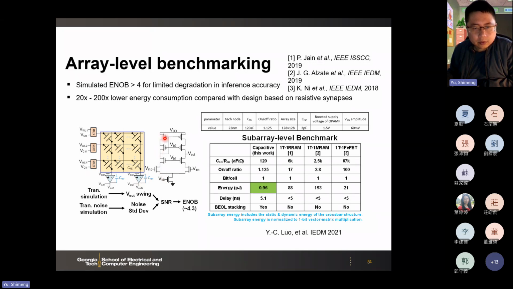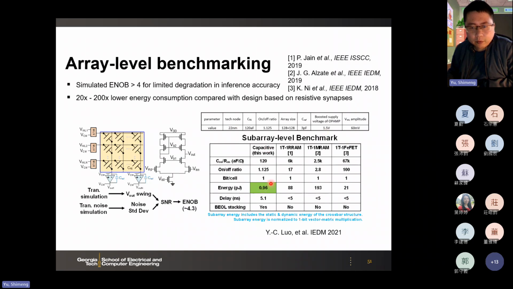Then we do the simulation, transient simulation, noise simulation, because one challenge here is the thermal noise. You have a cap, then you have thermal noise. The noise with the cap is the noise level equal to kT over C. Then that is the voltage of the noise.